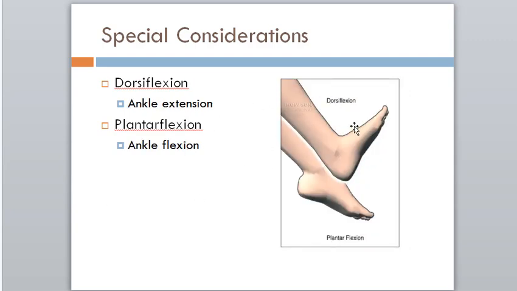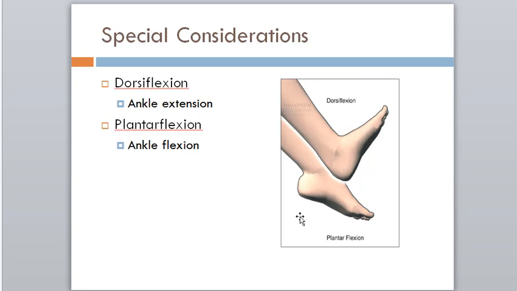This you'll use quite often, dorsiflexion versus plantar flexion. The reason there is a special consideration or special terminology for this is that the bone here comes straight through, and the definition of flexion is two segments getting closer together, and extension is two segments getting further apart.